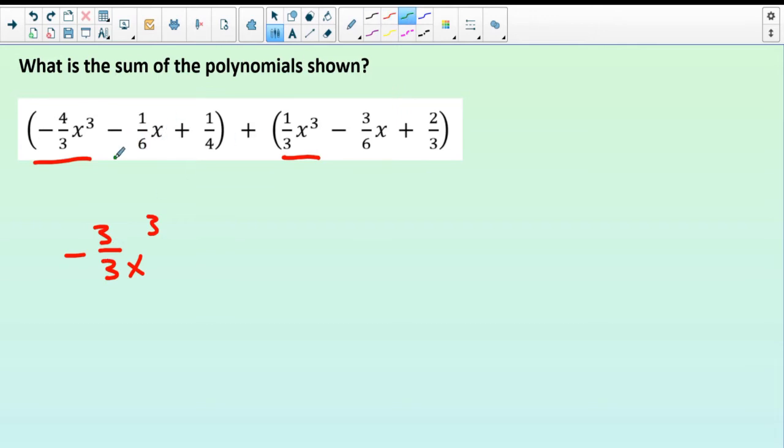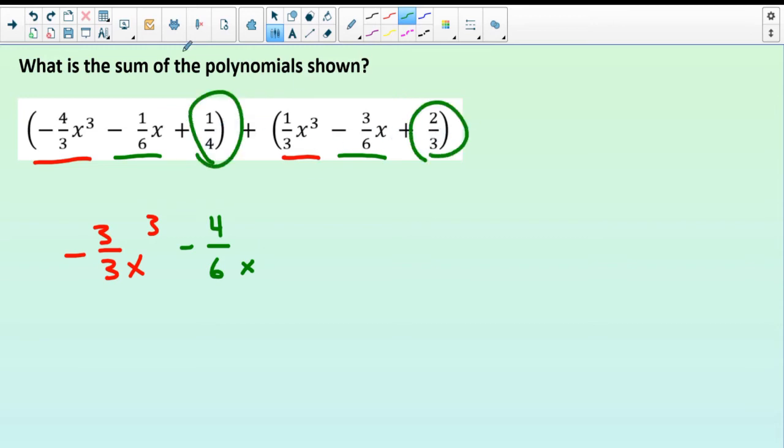For the next term, this is x, and this is x, so these are like terms I could combine. Negative 1/6 x, negative 3/6 x, that's going to give me negative 4 over 6x. So just got to be careful there with our fractions. For the last one, this is a little tricky, we cannot really add these together.